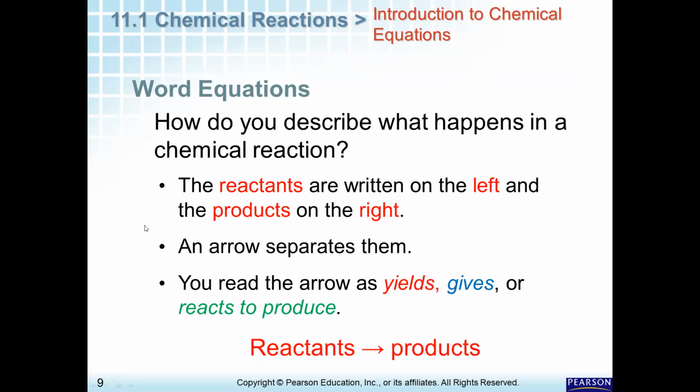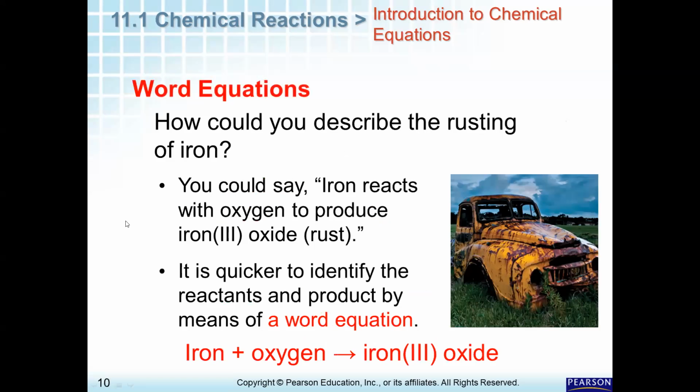That's what we call a word equation. Before that, this is again something that you know, that we have reactants going to the products. Usually the way we read it, we say material X reacted with Y to produce so and so, or we say yields or gives. That arrow means that it gives, yields, or produces.